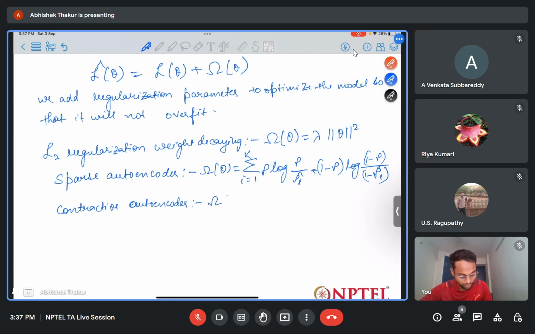So omega theta is equal to the sum of del hi by del xj square. Okay, so these three are the regularization parameters in autoencoders we have studied.